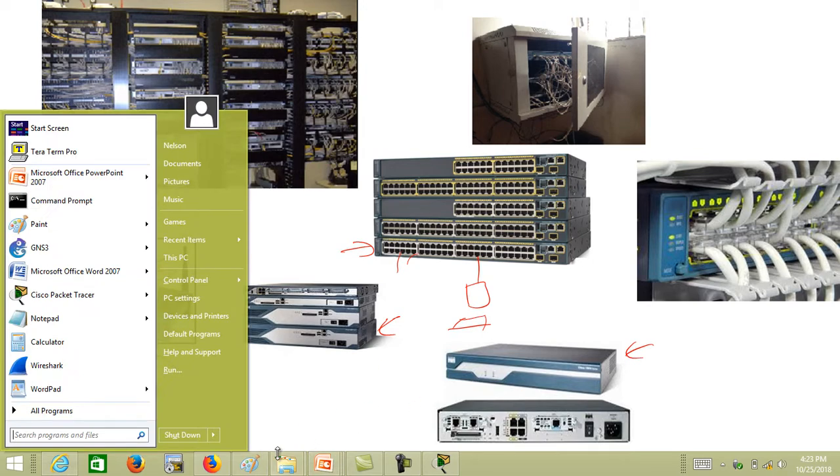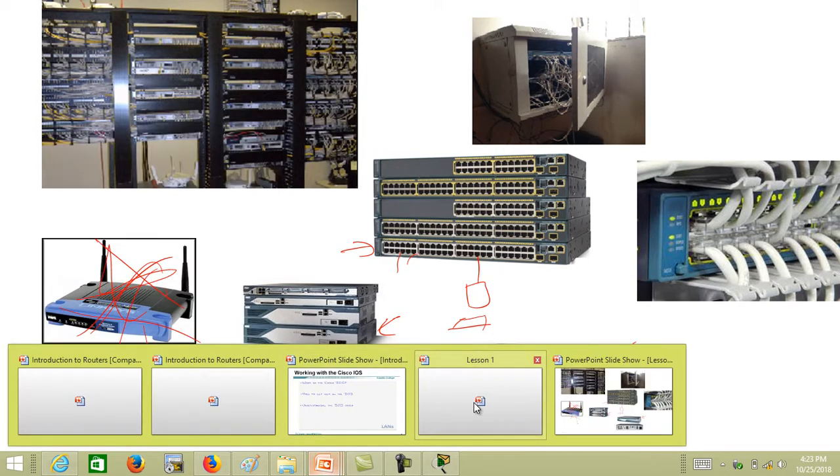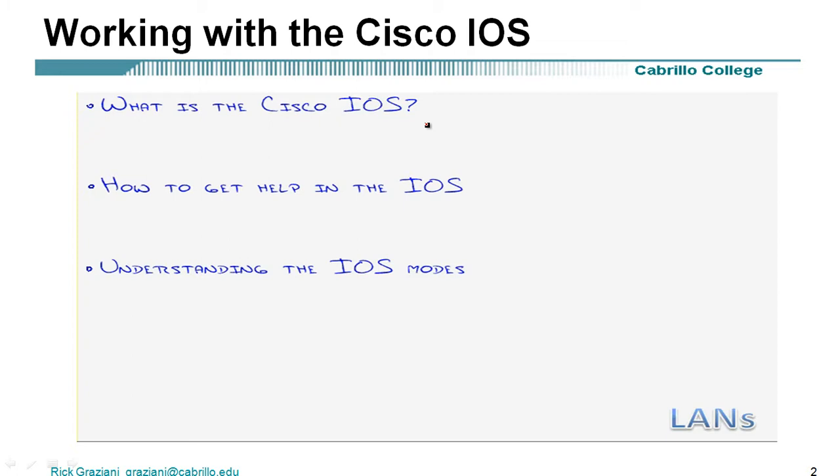But before we go to Packet Tracer, we need to have a basic understanding of the IOS and the IOS mode. So that we are all on the same page, this stands for Internetwork Operating System. It's the operating system that runs on pretty much all Cisco devices.